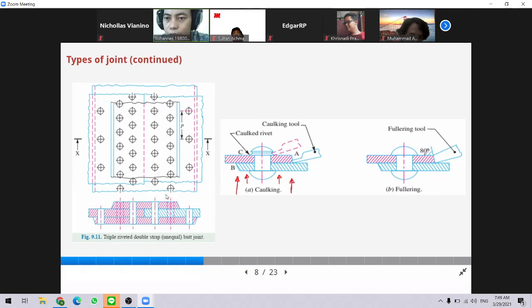And the fullering tool is used to reduce the stress concentration at the edge of the plate. This is just additional information about the manufacturing process of the rivet.